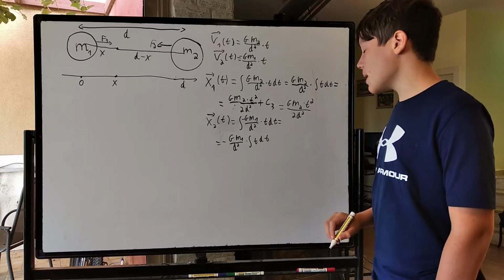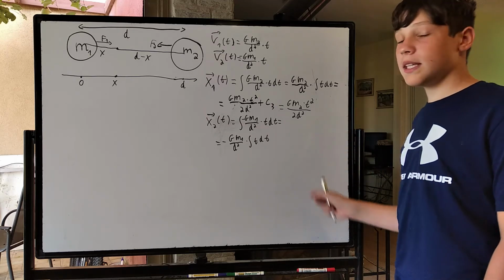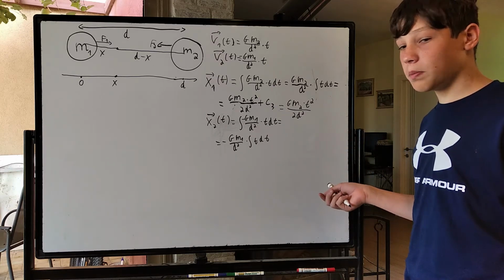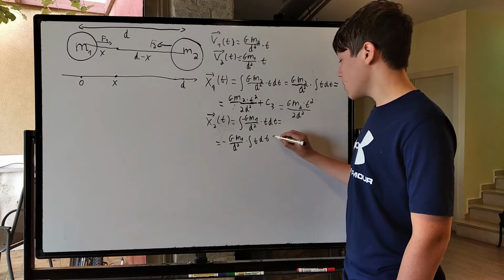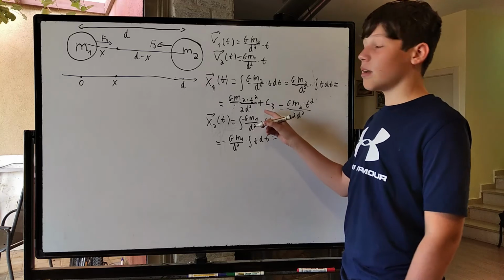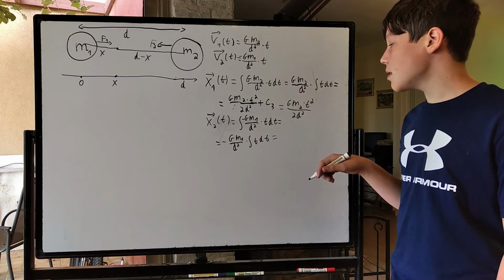And again, the integral of t dt is t squared over 2 plus another constant, c4. Like I did here, I'm not going to put the brackets around it.